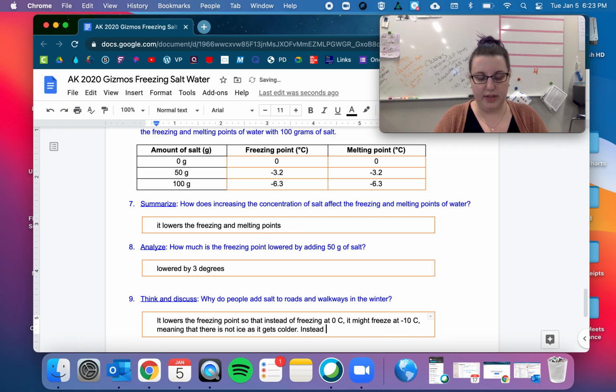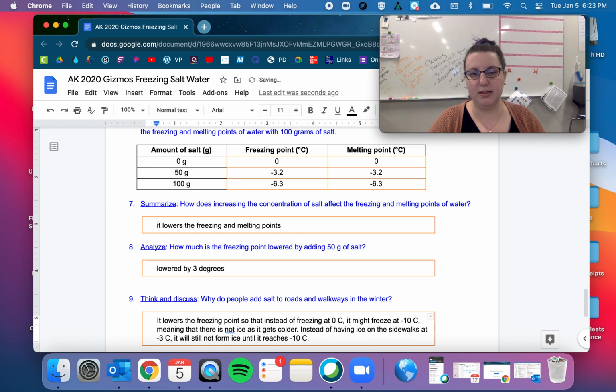Instead of having ice on the sidewalks at -3 Celsius, it will still not form ice until it reaches -10 degrees Celsius. And so that is what I am looking for there.